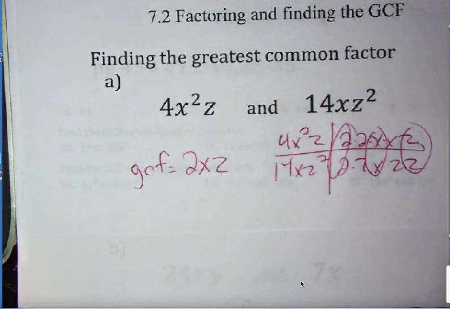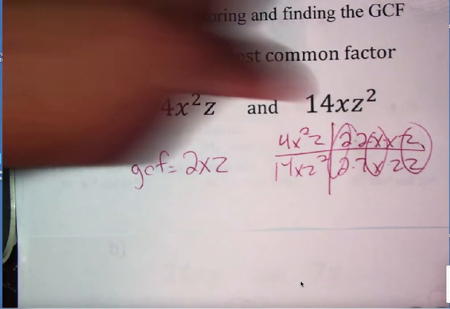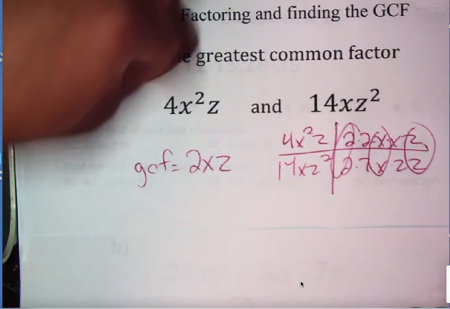Is there a way to find the GCF without having to make the table? It's okay, go with the table every time, but what about if we could make it without the table? Do you have a strategy? Well, the students that do say, hey, 4 and 14, the GCF part is 2.